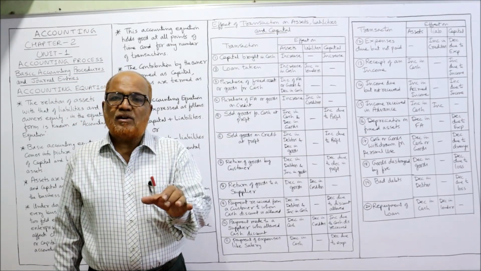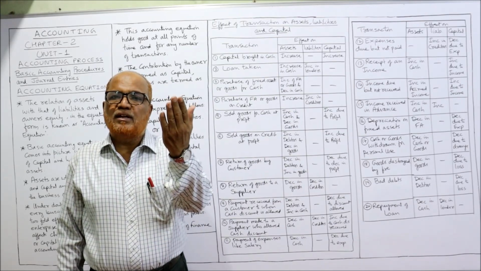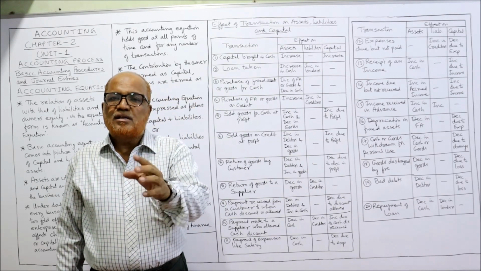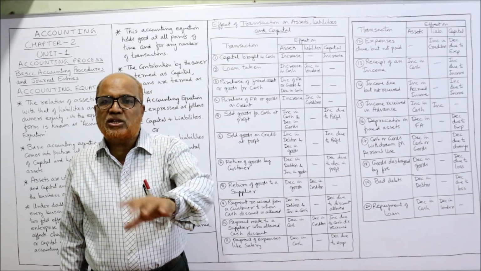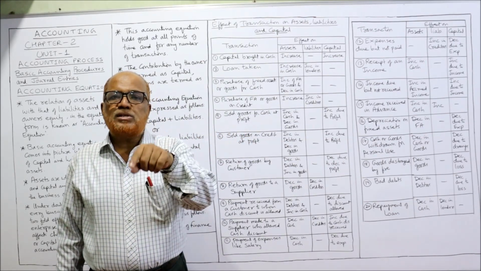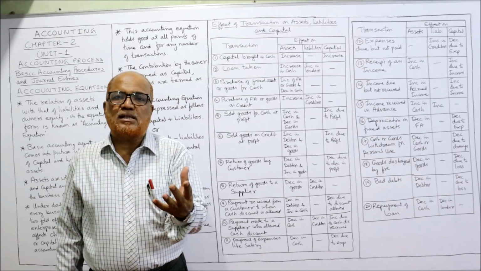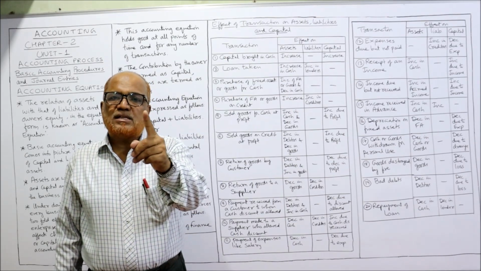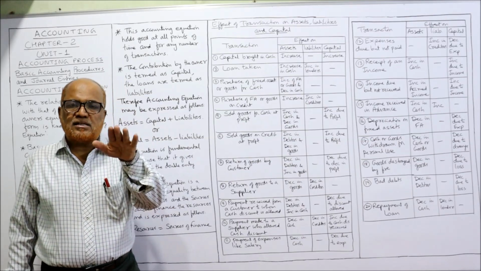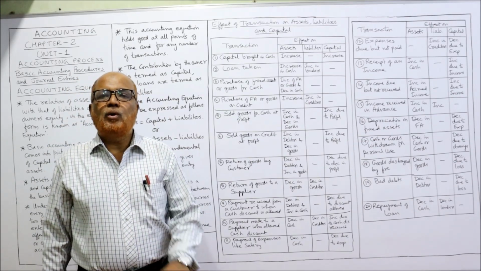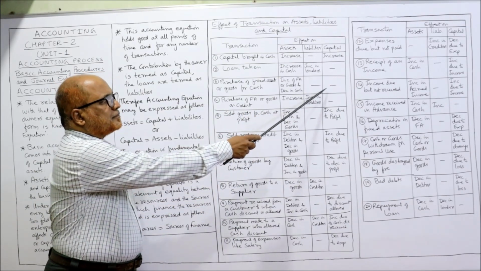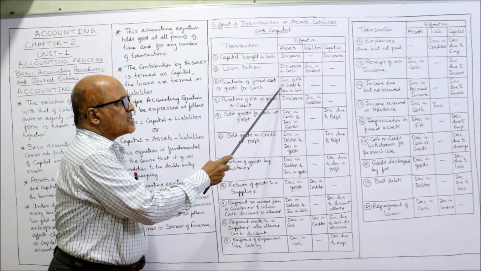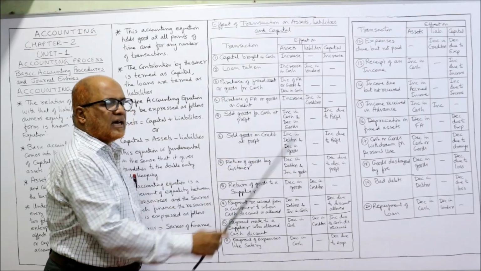So when we purchase, the fixed asset will increase, cash will decrease. Suppose if goods are purchased, goods are increasing, cash is decreasing. And goods and cash, both are assets. That means one asset is increasing and the other asset is decreasing. No effect on liability, no effect on capital. Increase in fixed assets or goods and decrease in cash.